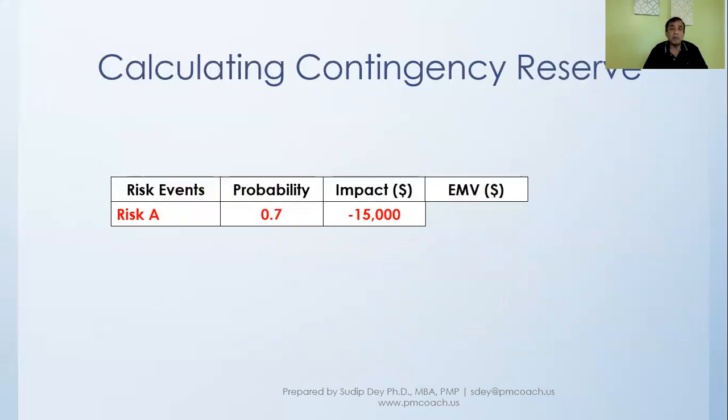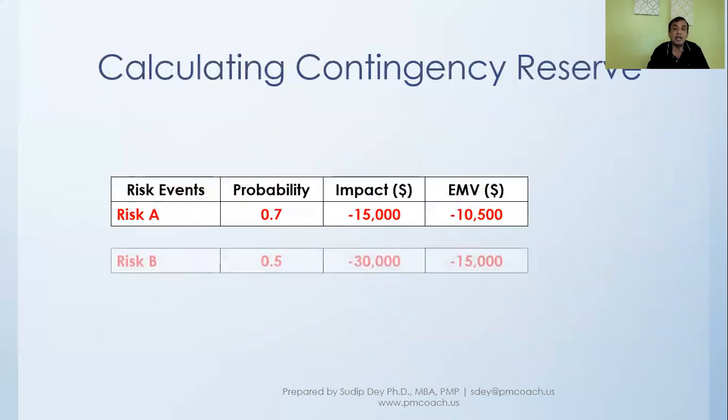So the expected monetary value for this particular risk A, when we multiply them together, is minus $10,500. So that is our expected monetary value for risk A.